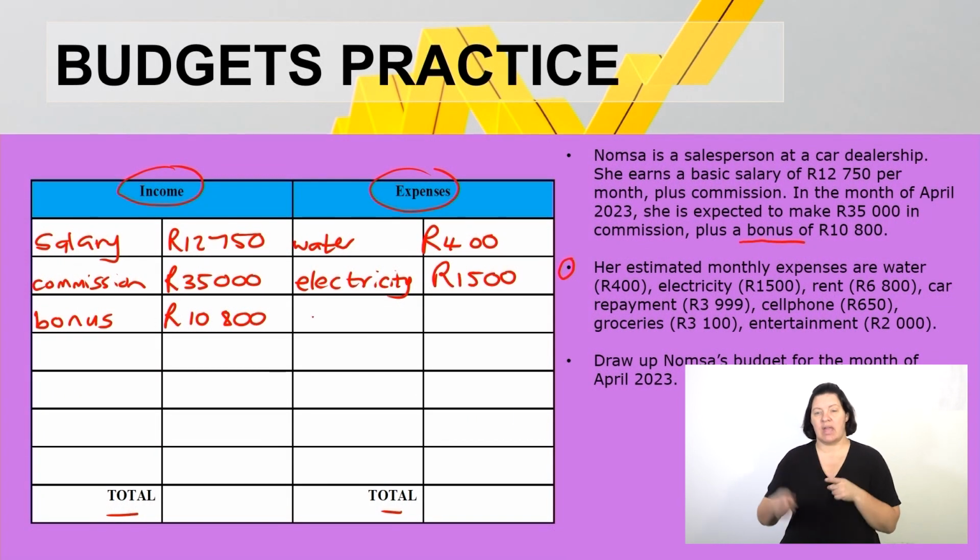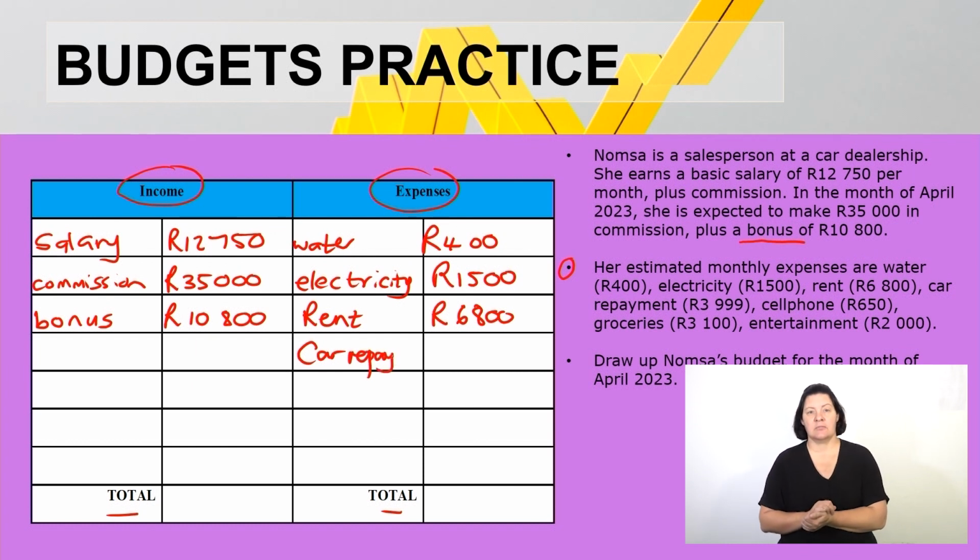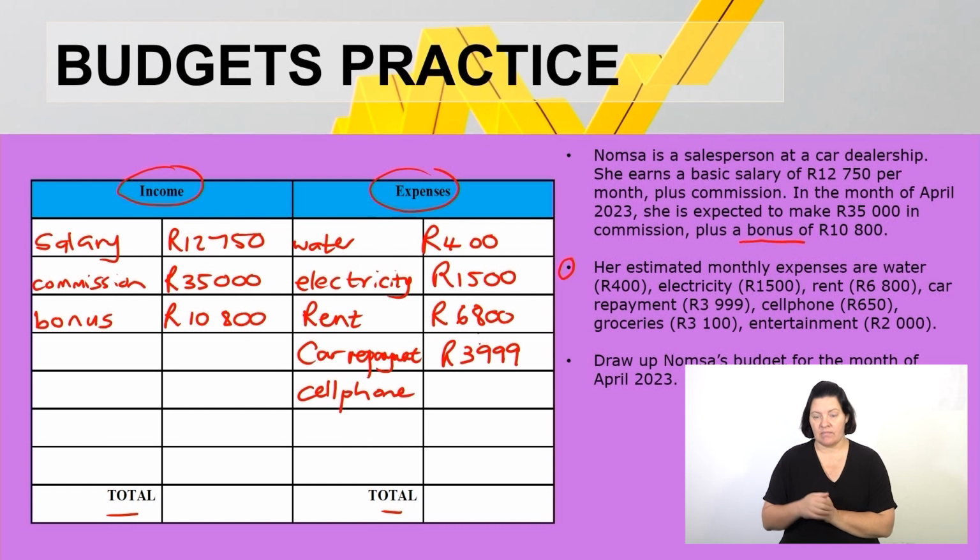Then we have the rent, right? So that's a fixed expense for that matter, and that will be 6,800 Rand. We have our car repayment, so that's the installment, the car repayment. Okay, that will be 3,999 Rand. She has also a cell phone that she needs to pay. That will be 650 Rand.